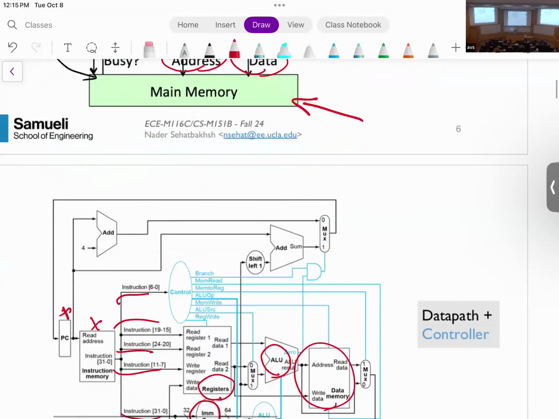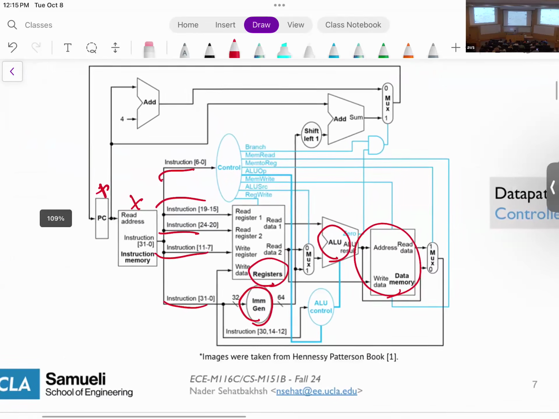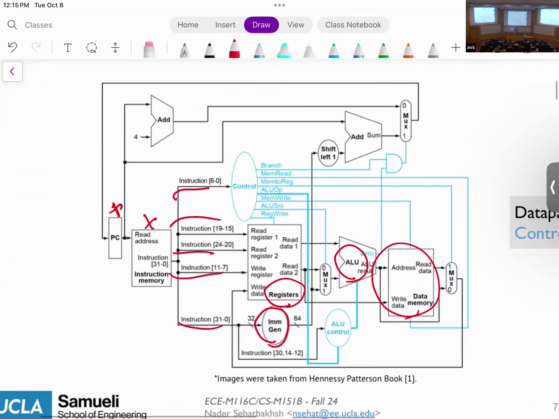Okay. And as I said, we're going to show you part of this in this lecture, part of it next lecture, and see if we need next week as well. These blue parts are what we call the controller. So as you can see, the controller is mainly just one big unit here. There is a small ALU controller as well. And the rest is just these control signals that go through various different parts of the data path to control the flow.